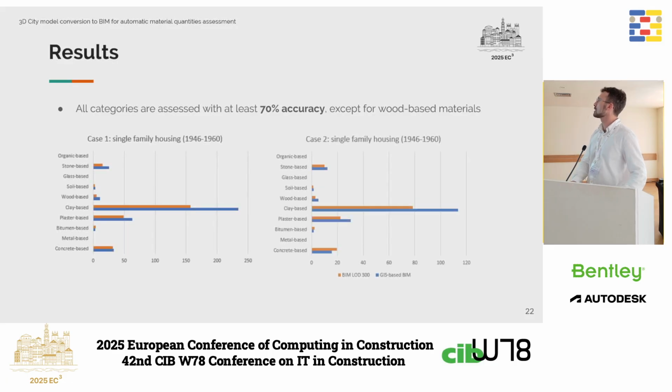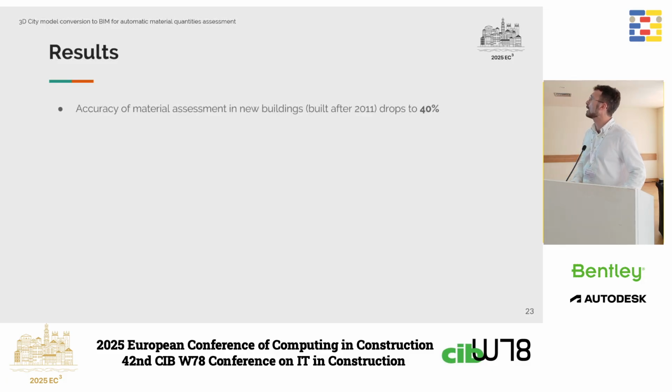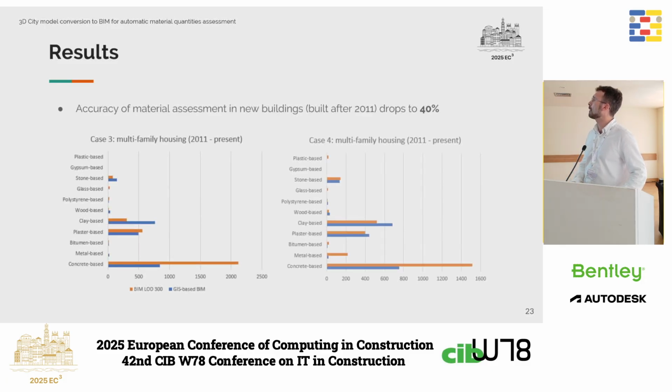And results proved that our approach gives us 70% accuracy for all material categories except for wood, for older single-family houses built before 1960, and accuracy drops to 40% for multifamily housing constructed after 2011.